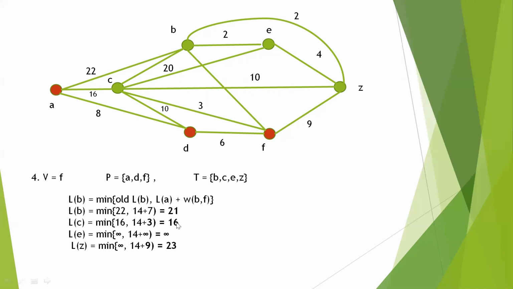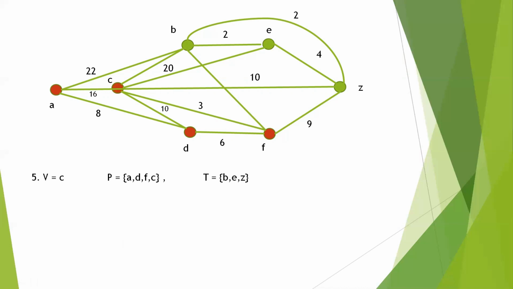So here we have the loads 21, 16, and 23. The smallest load is 16, so the next node is C. When C is selected, again it is added into the P set and removed from the T set.